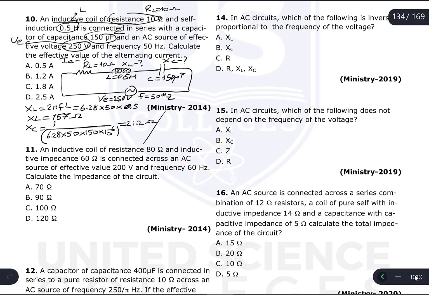Now we can calculate Z. Z is equal to root of R squared plus XL minus XC squared. The coil has a resistance of 10 ohm, so square of 10, plus XL minus XC. XL is 157, XC is 21, squared. So let's use the calculator. 10 squared is 100, minus bracket 157 minus 21, close the bracket, get the square.